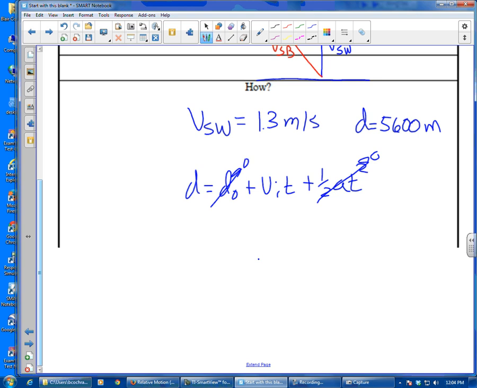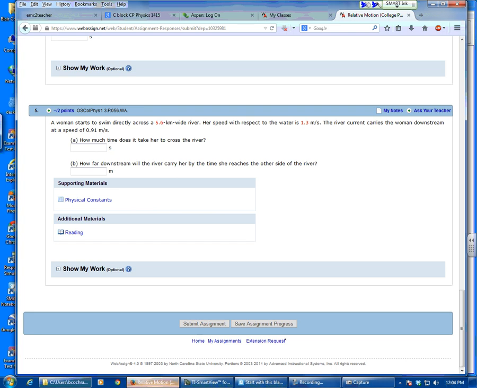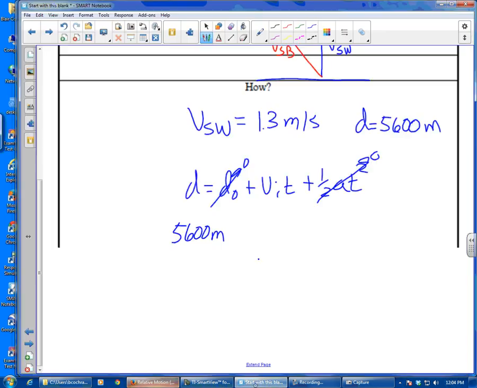Say she starts at 0. I read my problem, and it tells me directly across a 5.6 kilometer river. So I change that to meters before I make the mistake of having unlike units. There's 1,000 meters in a kilometer.